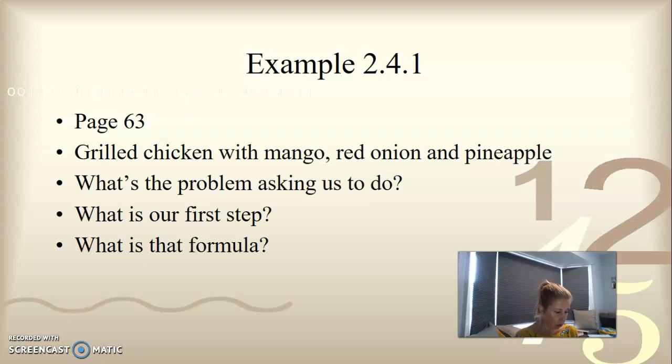Well, if we scroll down, the recipe says grilled chicken with mango, red onion, and pineapple yields how many? It says 4. Okay, so we need to standardize to yield 32. So you'll see there, it gave us the formula for scaling factor based on desired yield, and that's desired yield divided by current recipe yield. So 32 divided by 4 gave us the scaling factor of 8.